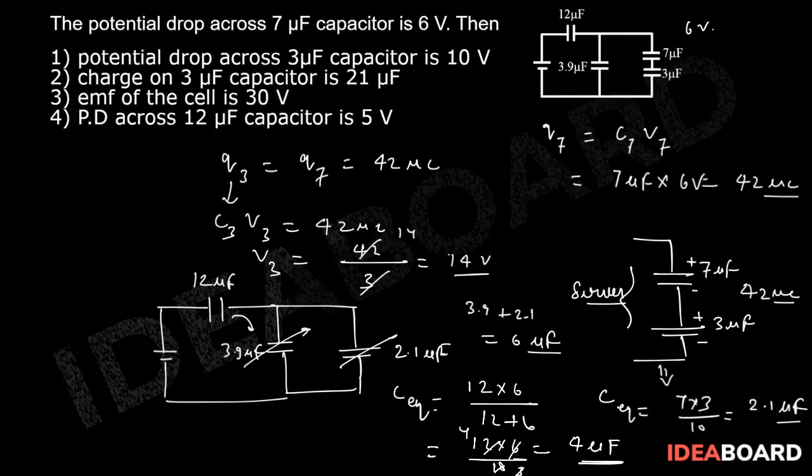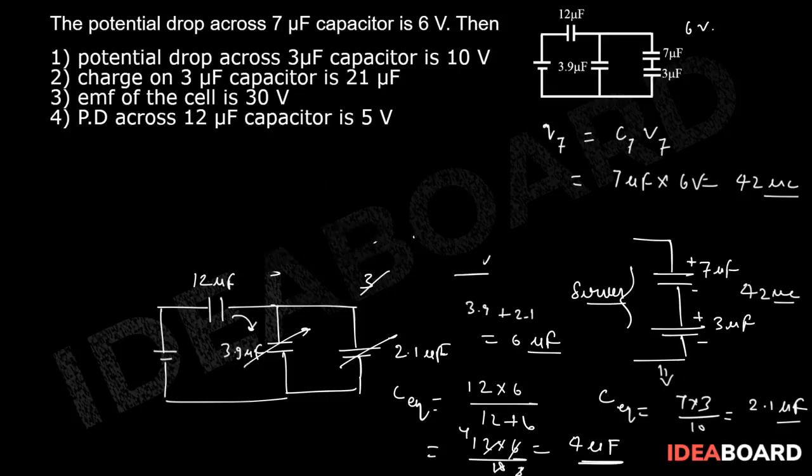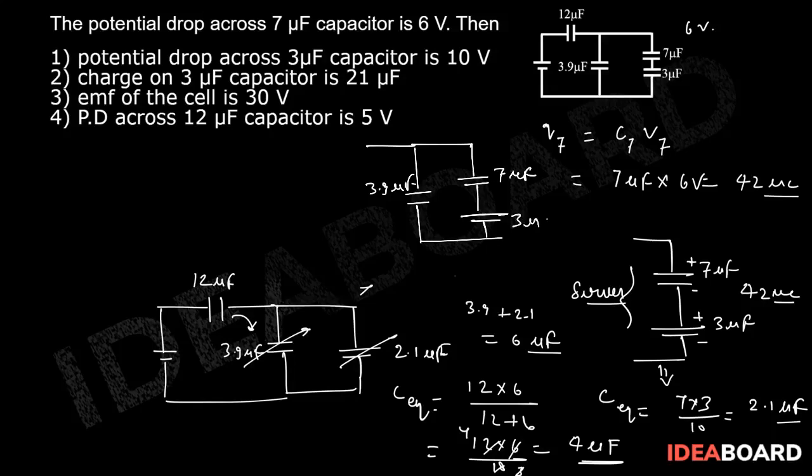Now we get the equivalent capacitance, and we know that in parallel, the potential drop is going to be the same. So from this we can calculate the total potential drop for these two, and for this, because both are in parallel, 3.9 microfarad and the 7 and 3 microfarad, correct? This has 6 volts and this has 14 volts, we just calculated.